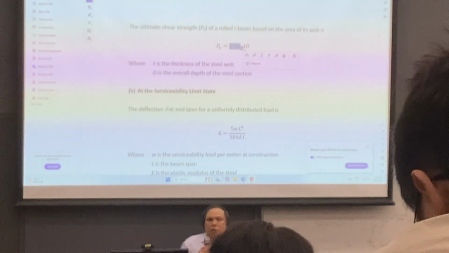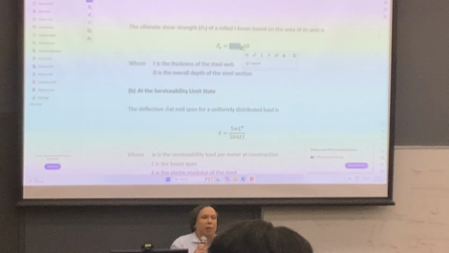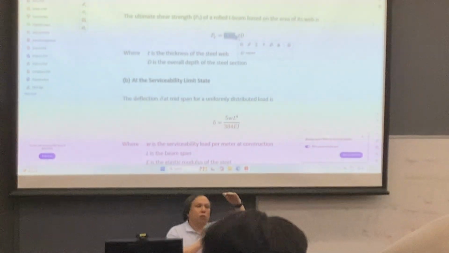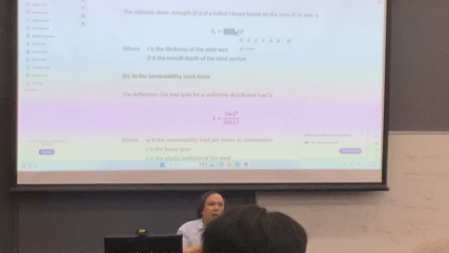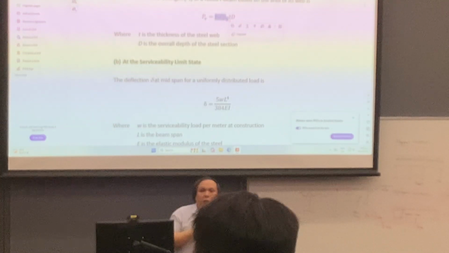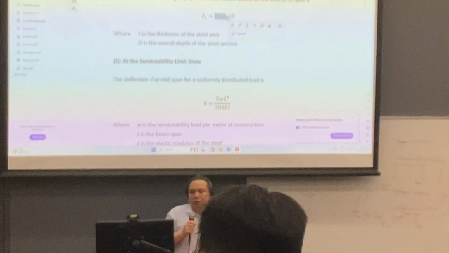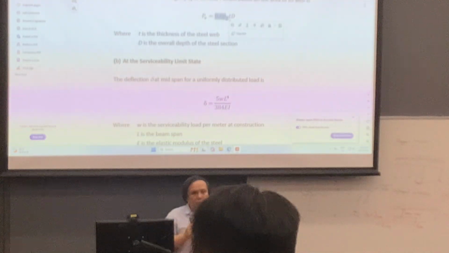Always just times the strength times the width of the web and then times the overall depth of the section. This is the shear capacity of the steel beam, okay? So just remember these kinds of things, okay? So it's important. When you go to work, you may not remember everything, but for this kind of simple idea, I think you have to memorize it.